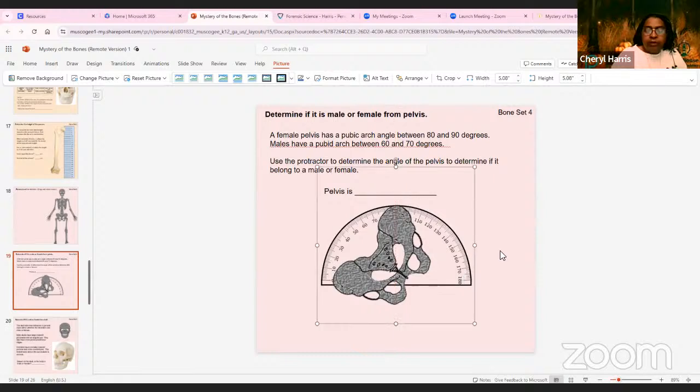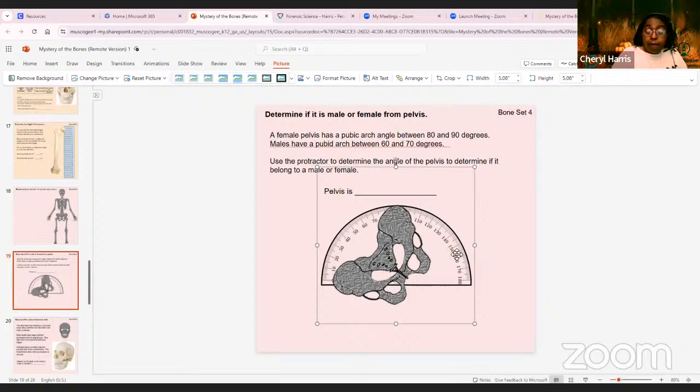So if it's female, you might have to rotate the pelvis or rotate the protractor so that you're actually getting an angle. Up here it says if it's female, it's between 80 and 90. So roughly speaking, I would say this one is between 80 and 90. It is not between 60 and 70.